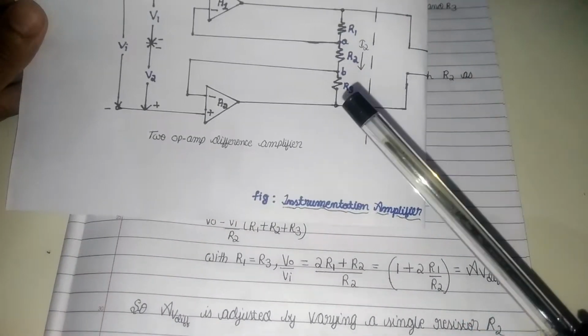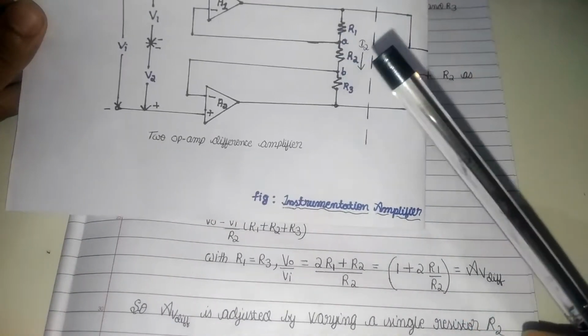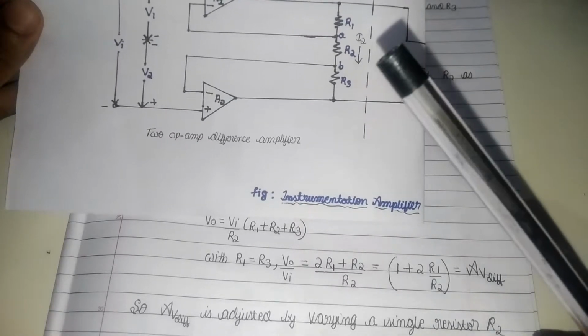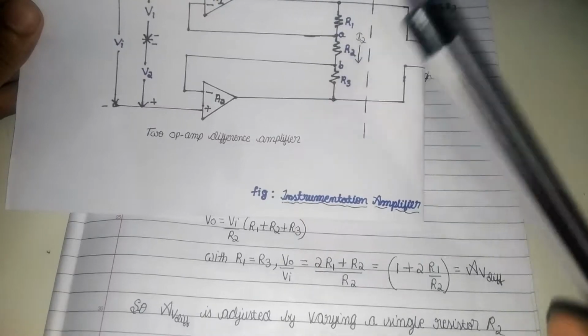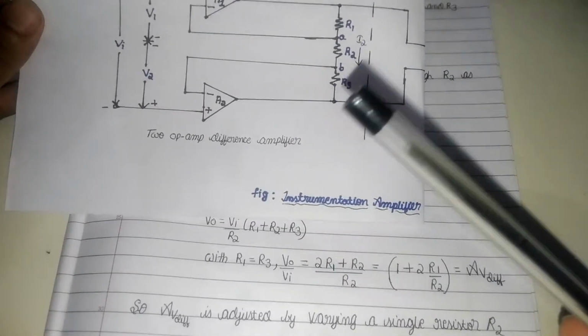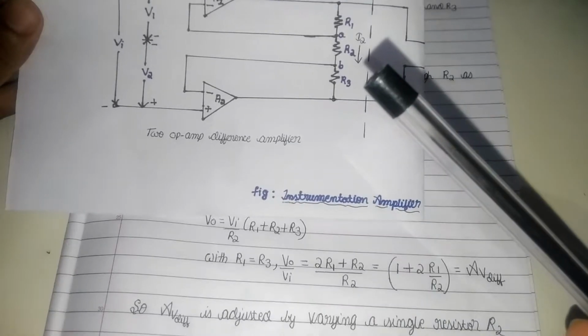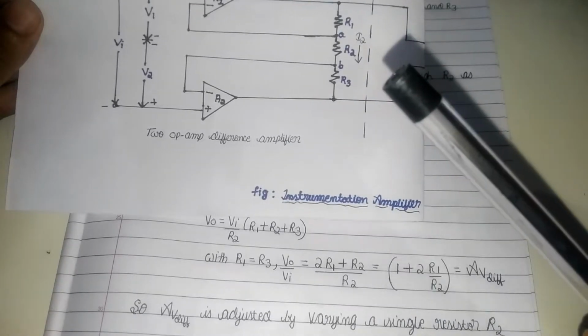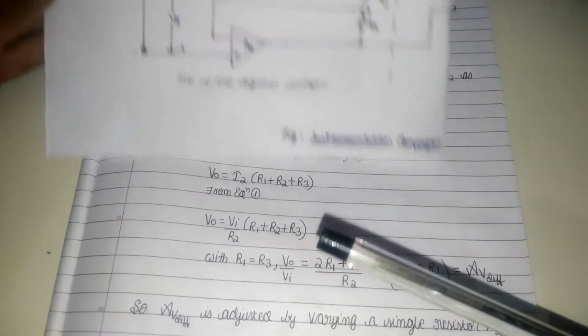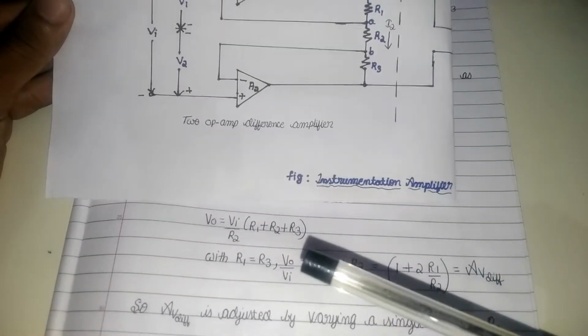Okay friends, consider R1 and R3 to be equal. In this condition we can substitute either the R3 value as R1 or the R1 value as R3. Let us take the R3 value as R1, because both R1 and R3 values are the same. Therefore we get the formula for V0 divided by Vi.